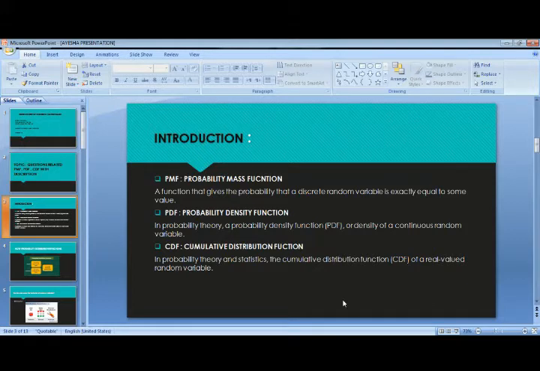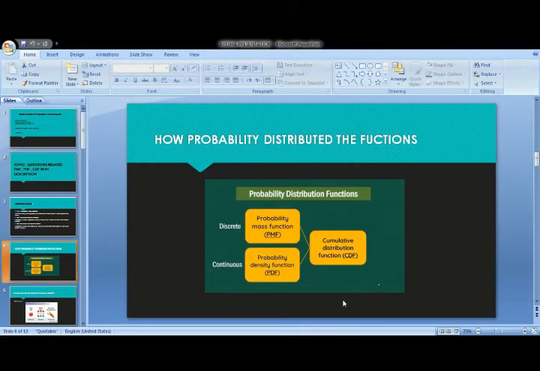Now I'm going to tell you how probability distribution functions work. Basically, probability distribution functions are of two types, continuous and discrete. The discrete function is PMF, the probability mass function, and continuous is the probability density function, that is PDF. The mixture of PMF and PDF is CDF, that is cumulative distribution function.